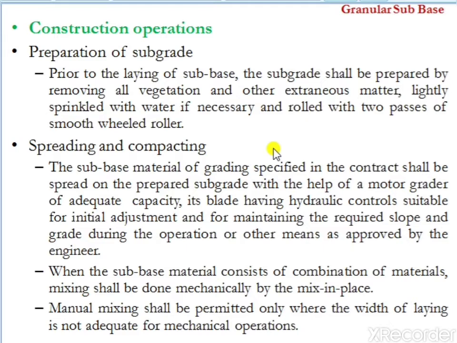The motor grader used for spreading will have a blade and hydraulic controls suitable for initial adjustments and for maintaining the required slope and grade during the operation, and other means as approved by the engineer.